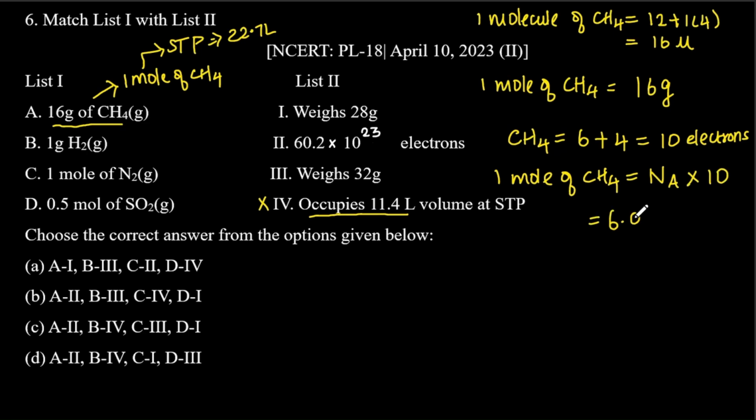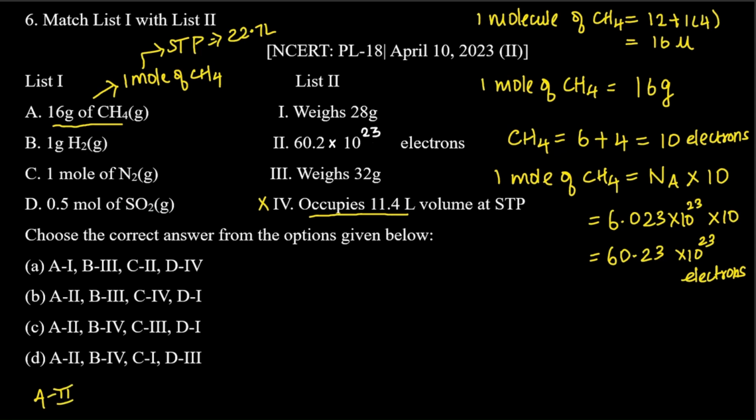So we can write 6.023 into 10 power 23 multiplied by 10. If I calculate the total number of electrons contributed by 1 mole of CH4, we multiply the 10 with this 6.023 and we get 60.23 into 10 power 23 electrons. So for option A, the correct pair is statement 2.